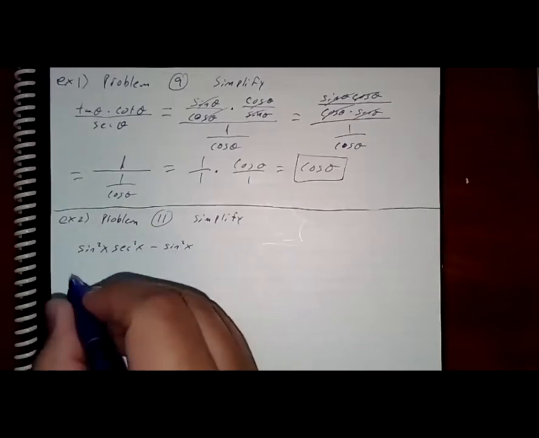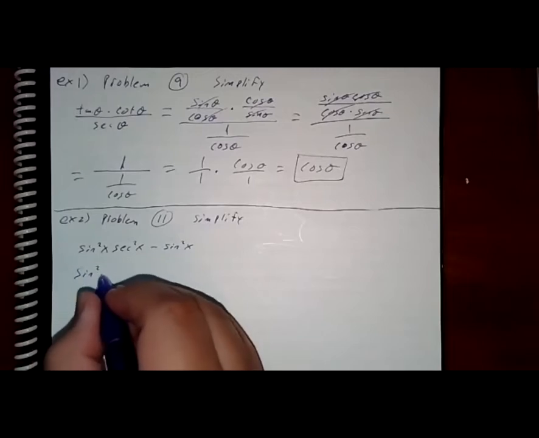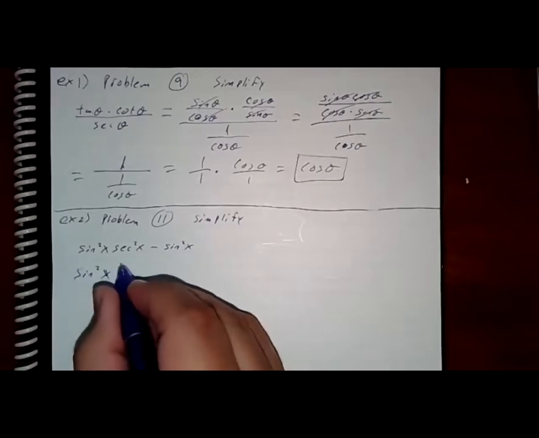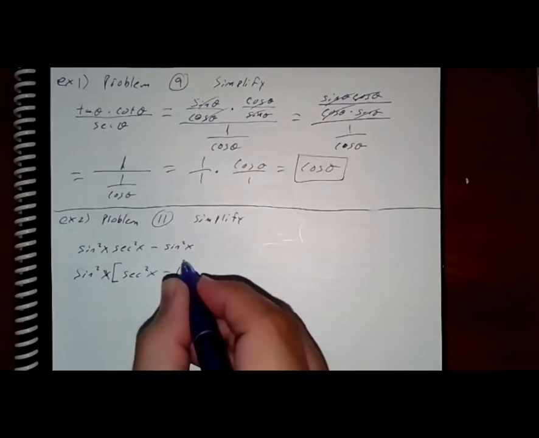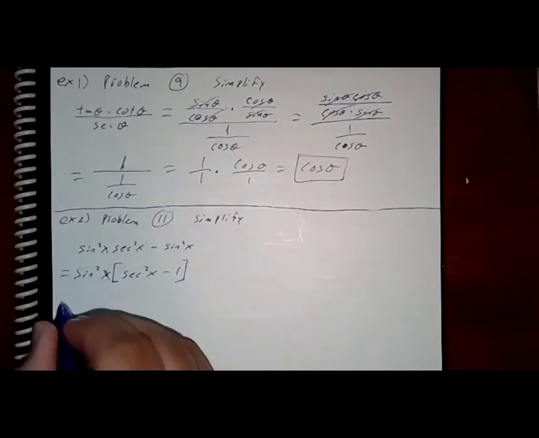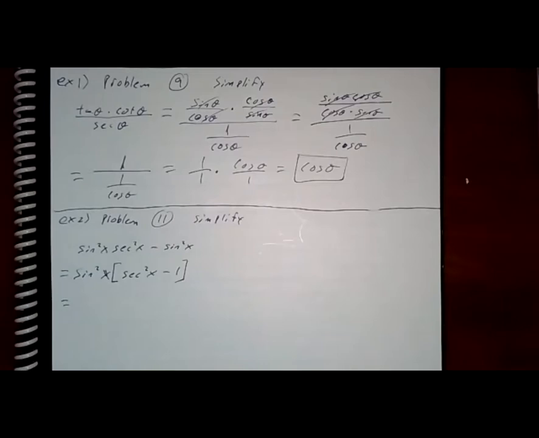So let's factor a sine squared. Now look at your formulas. What is secant squared minus 1? Is that one of the formulas?